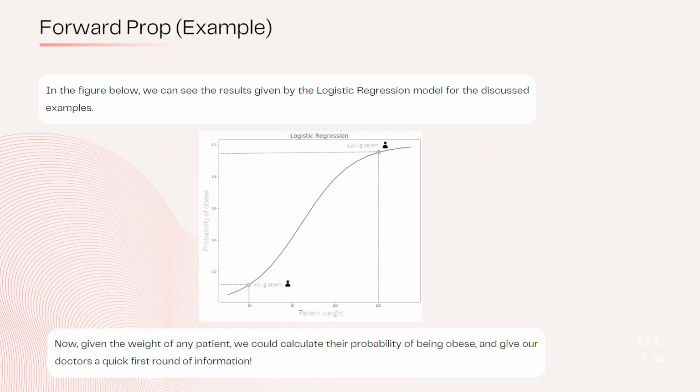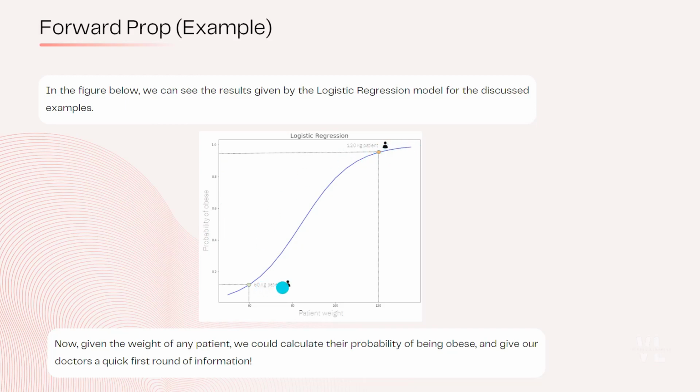We can also show this by using a plot. So in the figure below, we can see the results given by the logistic regression model for the discussed examples. Here we can see that the 120 kilogram patient is placed here because the patient's weight is 120 kilograms, which is on the x-axis, and we have a value of 0.95 on the y-axis, which is the probability of being obese, and this is very close to being 1.